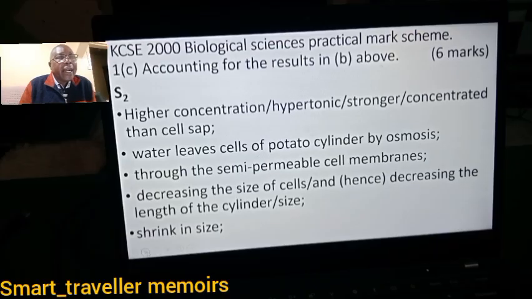How do you mark 1C? Accept becomes bigger or length changes from, or becomes shorter, length changes from, but reject semi-permeable alone. It should be semi-permeable cell membrane, and reject increase in cell.